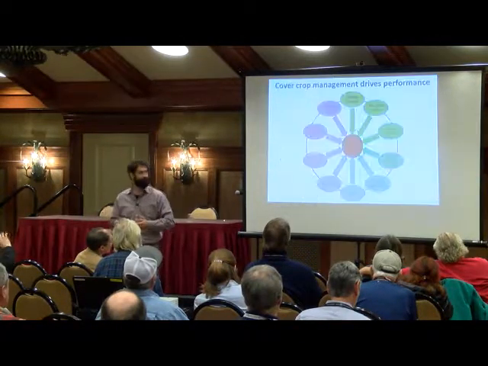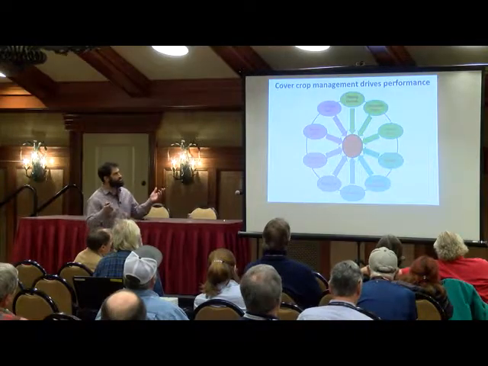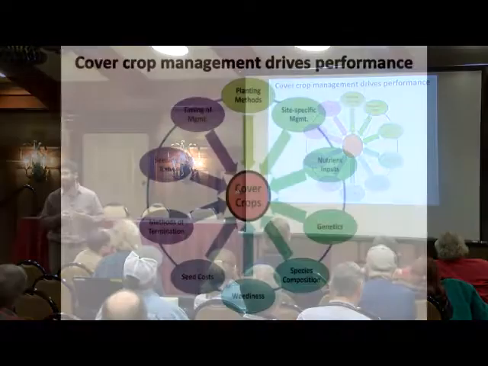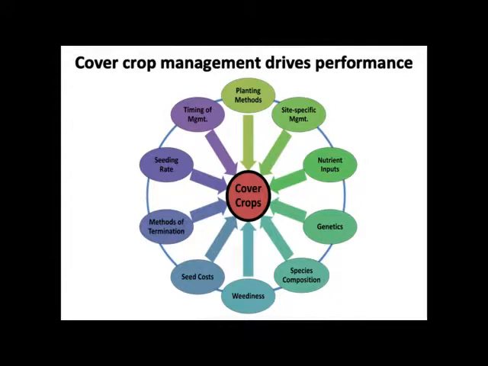So this is just a schematic of many of the factors that affect cover crop performance. So planting methods, site-specific management, so that's your systems and your regionality, the nutrient inputs, the genetics of the cover crop. All of these factors affect the way in which a cover crop performs. It's just like your cash crop.